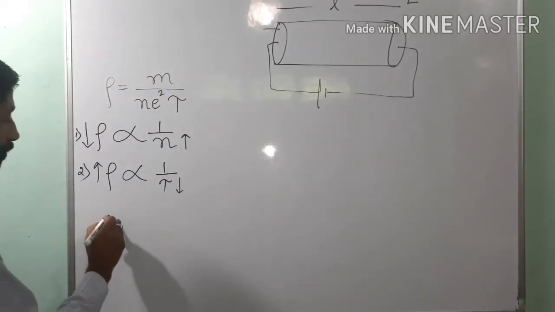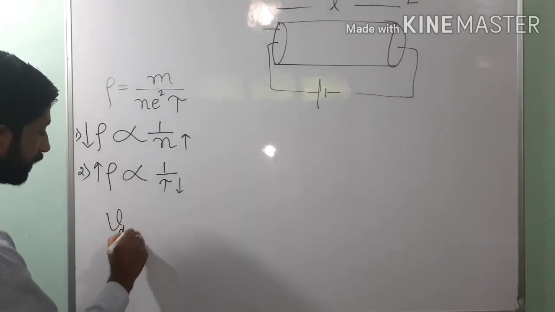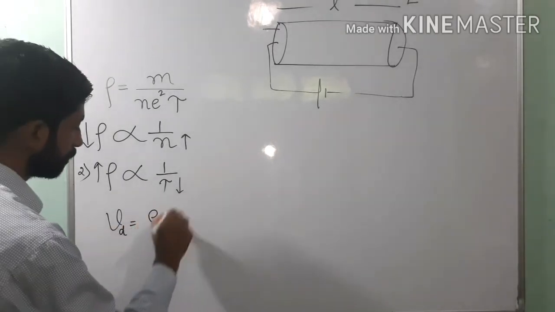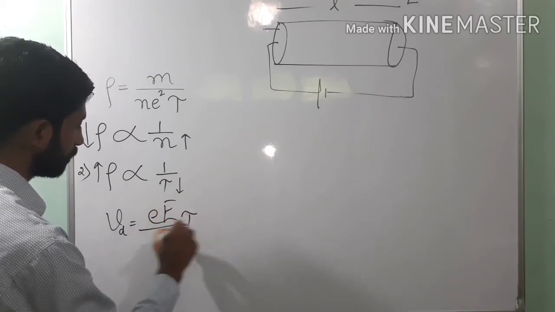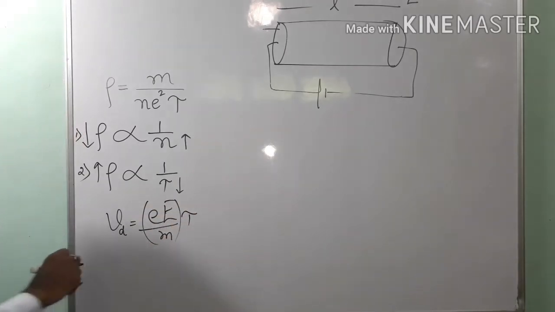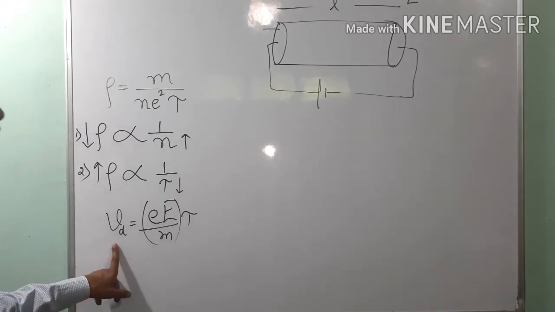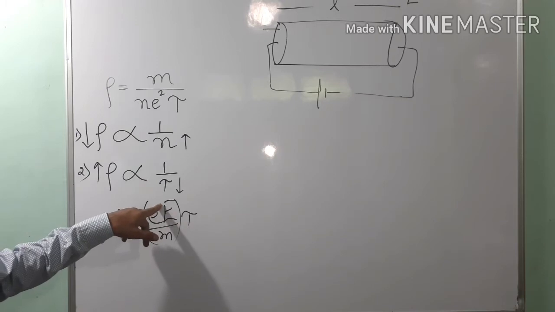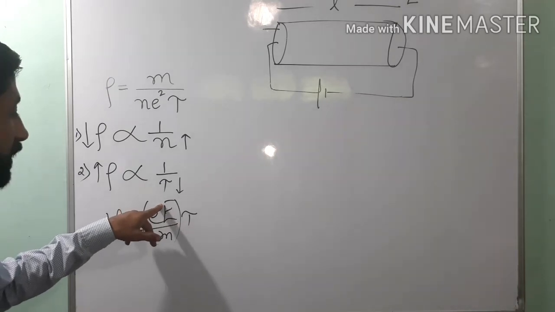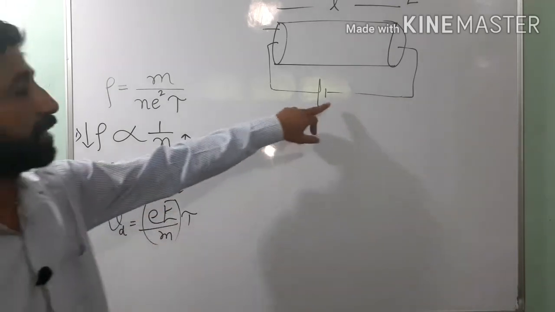So you know that the drift velocity is given by this, right? Drift velocity will increase only if the electric field increases, and the electric field increases because of applied potential.